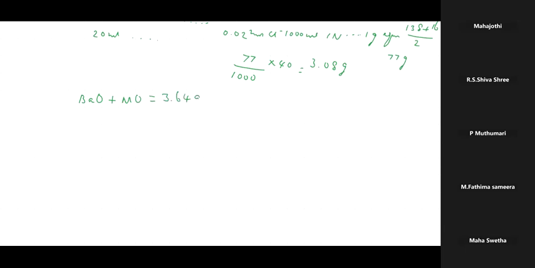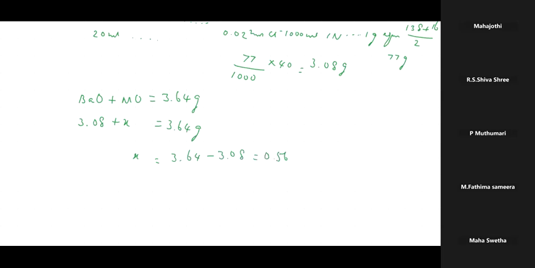From the titer value, the barium oxide is found to be 3.08 gram. Metal oxide, I don't know, X. This is equal to 3.64 gram. Therefore, X is equal to 3.64 minus 3.08. So the metal oxide weight is 0.56 gram.